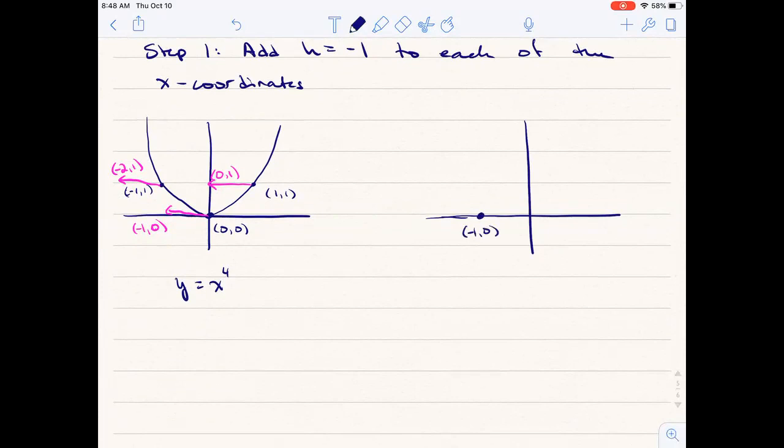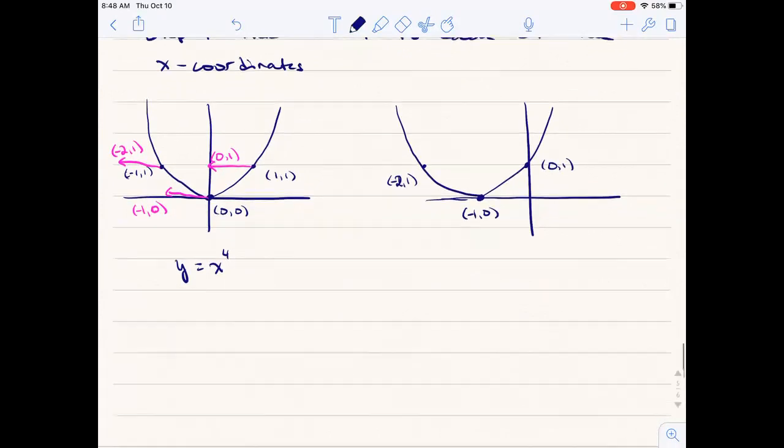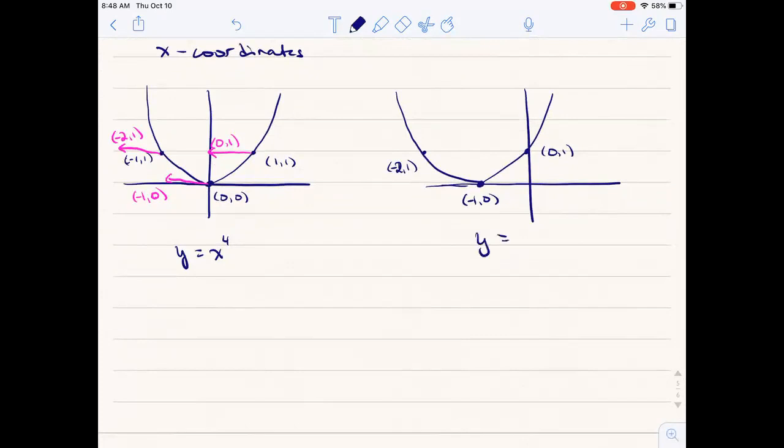We've got a point at negative 2, 1. And we've got a point at 0, 1. So this is y equals (x plus 1) to the power of 4.